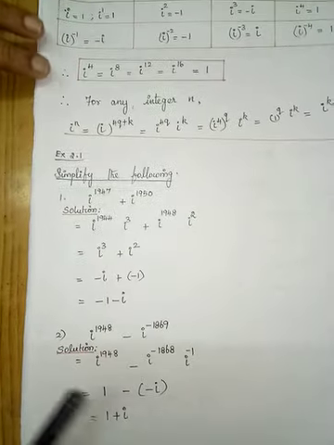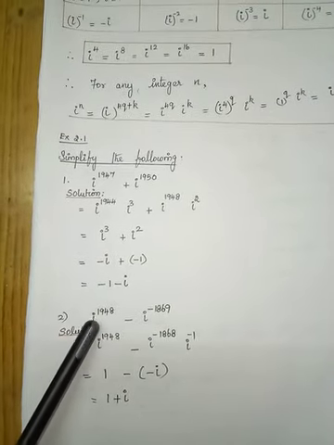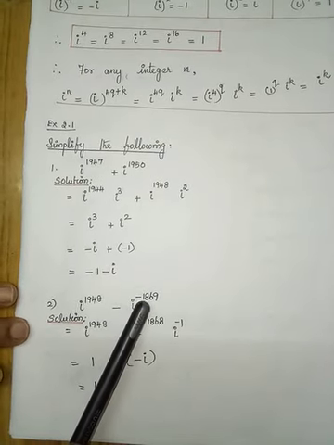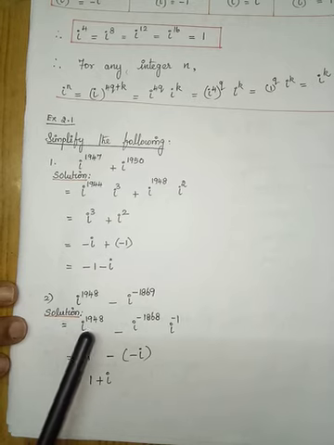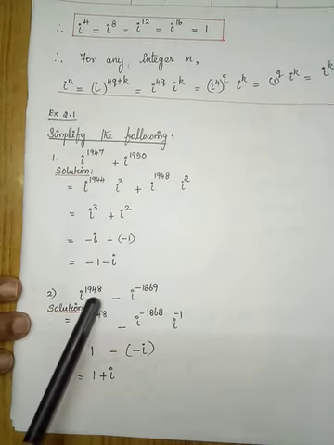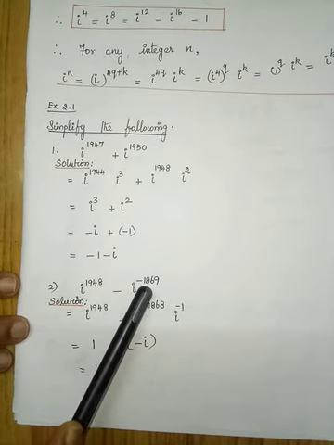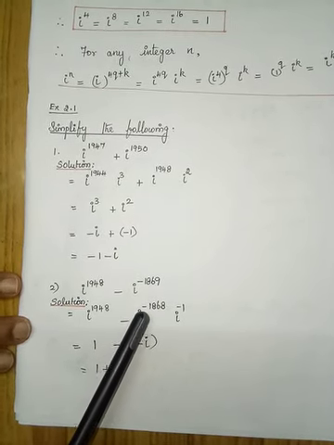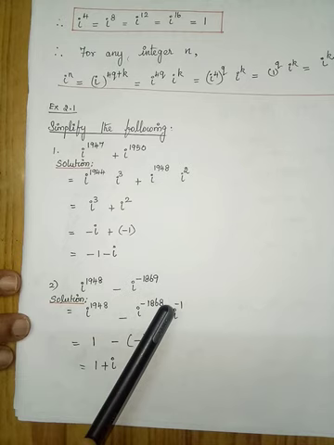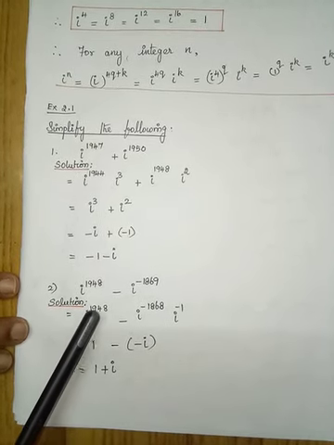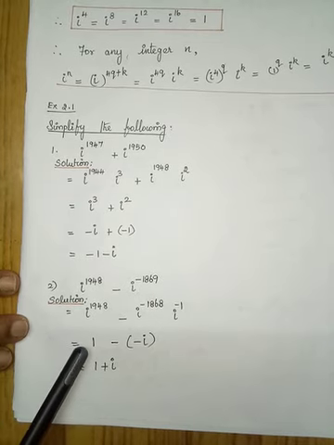Okay, come to the second problem. i power 1948 minus i to the power minus 1869. 1948 is a multiple of 4, so I did not change it and wrote it as it is. But this power can be written as minus 1868 minus 1, so I have separated it here. The first part is a multiple of 4, so the answer is 1.